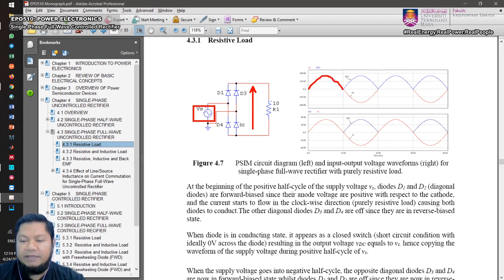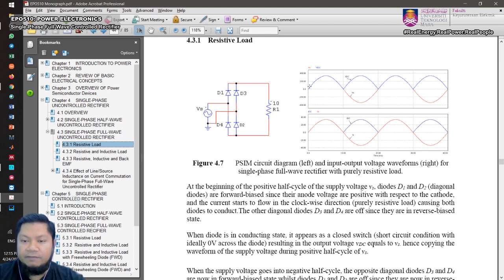However, during the negative half cycles, D3 and D4 operate. The current will flow through that path, and therefore your output voltage will be the mirror image, the opposite of the supply voltage.